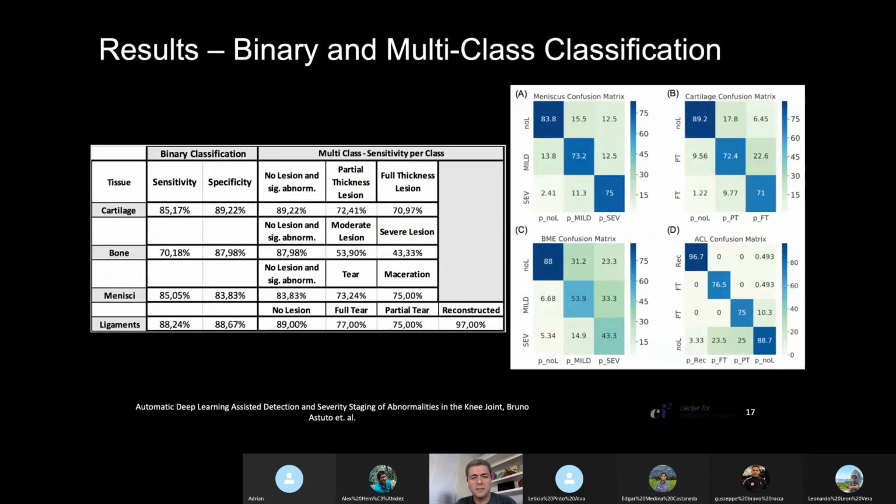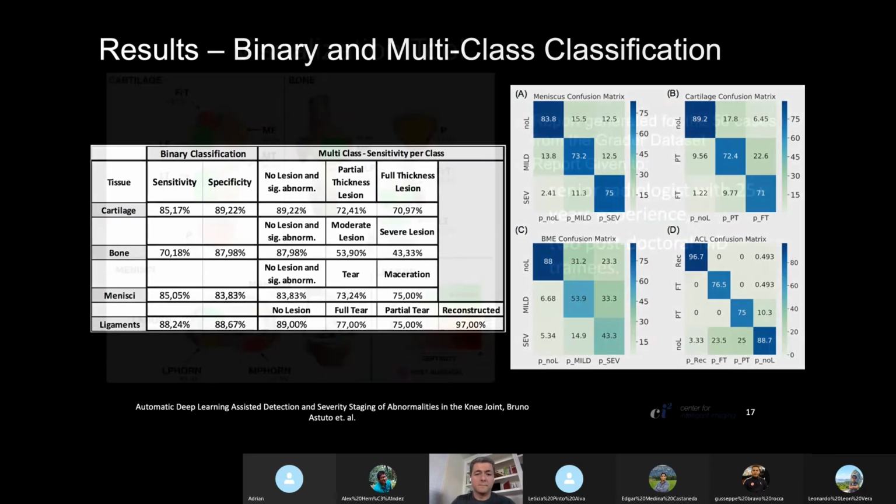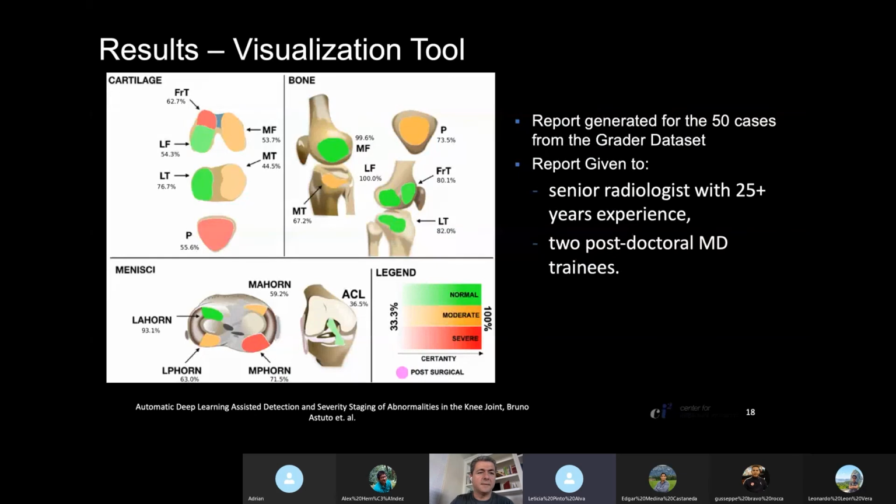It's not on this slide. We've run an experiment doing exactly that. We gave 50 images to 3 radiologists, and they graded the images independently. And then, okay, let's talk about this later.